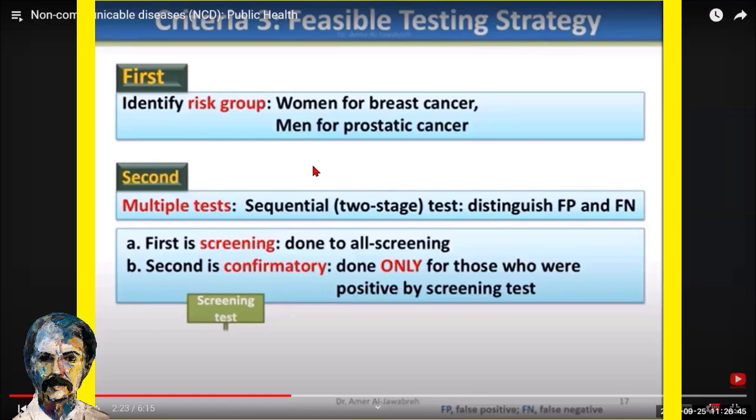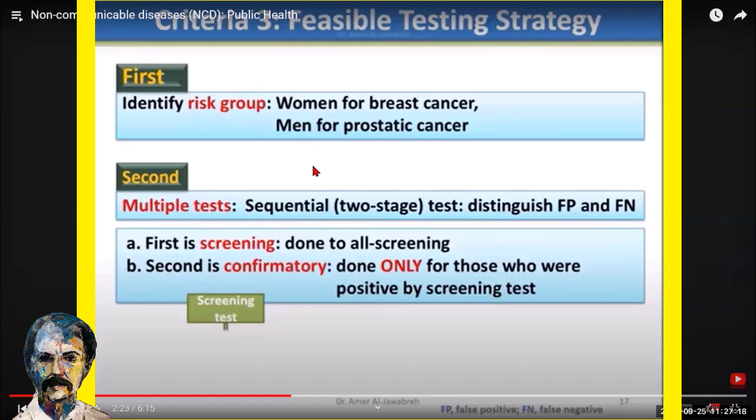Then, if we have a positive screening test, we go for a confirmatory test. Only after a positive screening test do we go for the confirmatory test, which usually takes more time and is expensive. Most of the time it can be invasive. Patients don't like it, but it's very sensitive and very specific.